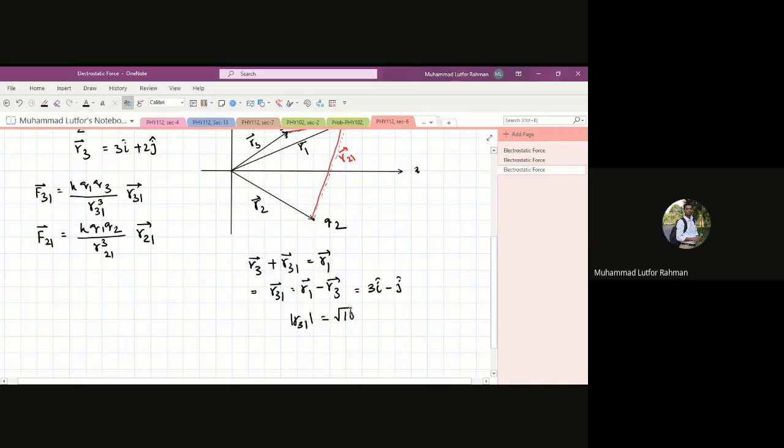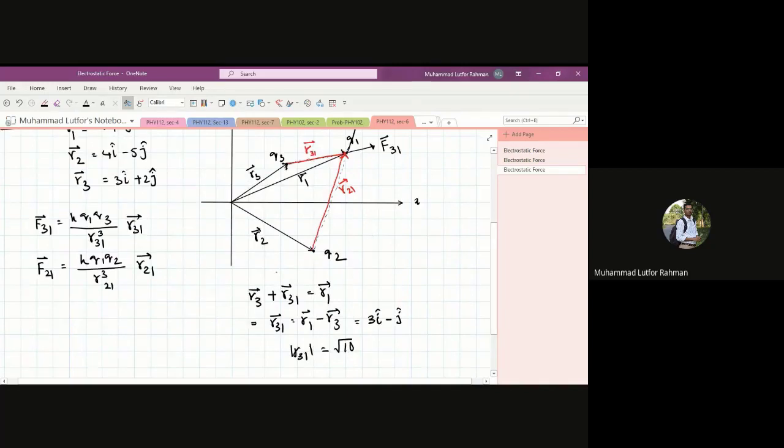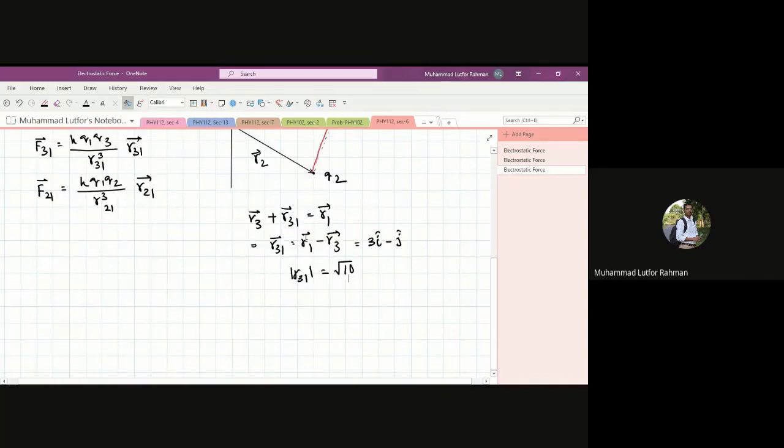Now what about R21? For R21, look at this. The head of R2 is connected to the tail of R21. By the same analogy, I can write R2 plus the R21 vector must be the R1 vector, right? Then I can find R21, which will be R1 minus R2.